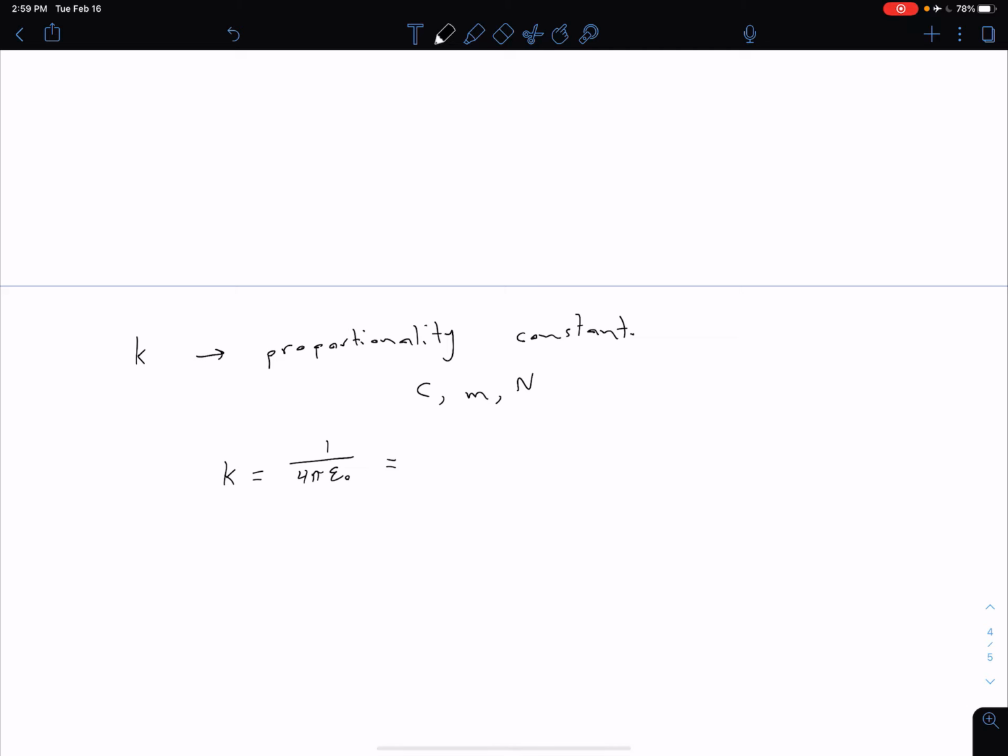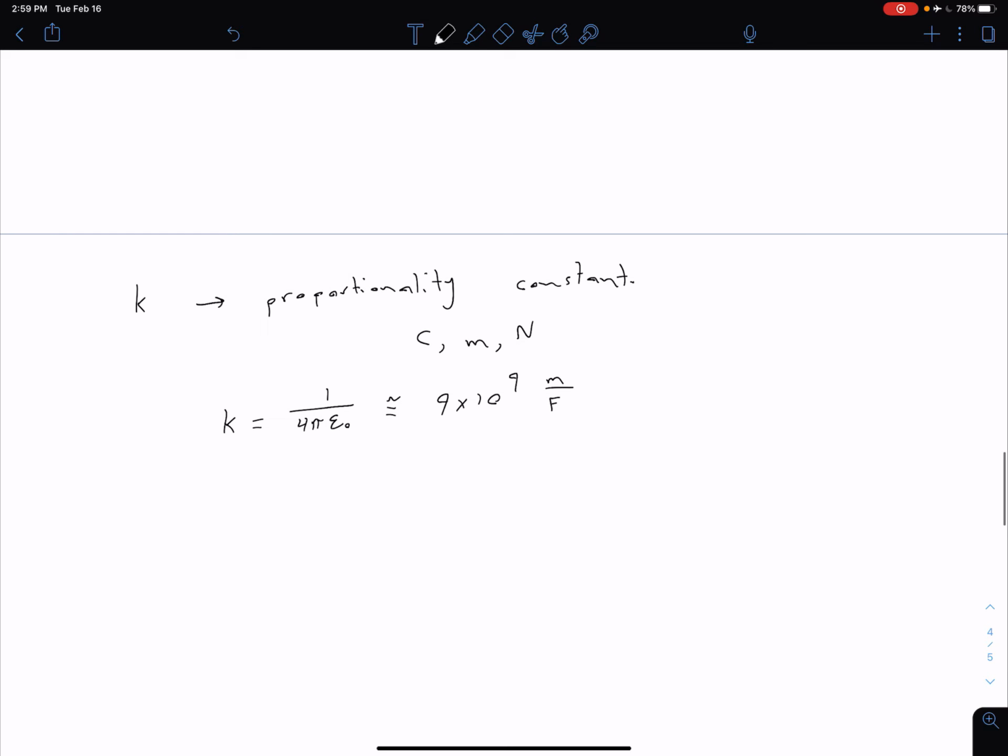If we plug these numbers in, we get approximately 9 times 10 to the 9th meters per farad. You'll notice I've slipped in yet another variable that we've not defined yet, and that's this epsilon naught.